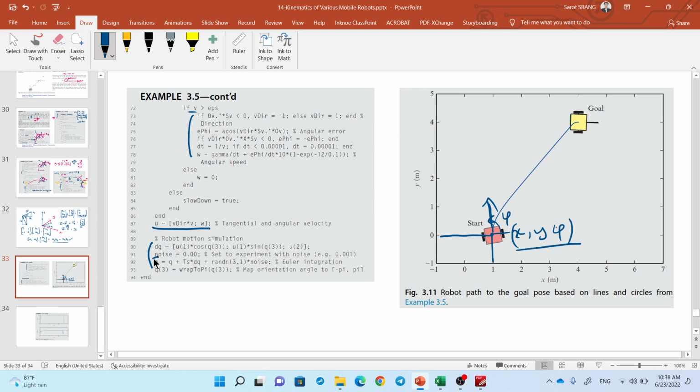To be precise, this q. So q is x, y and phi.